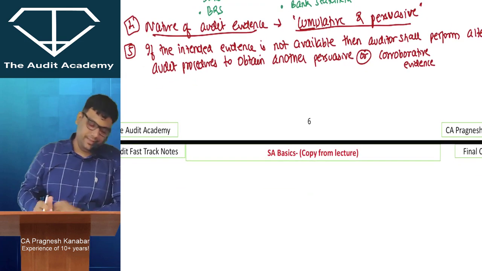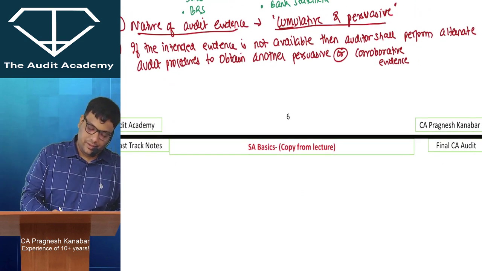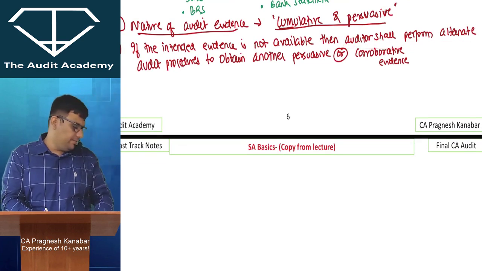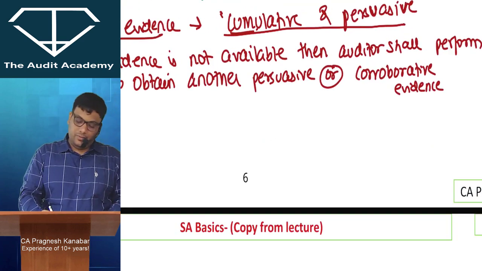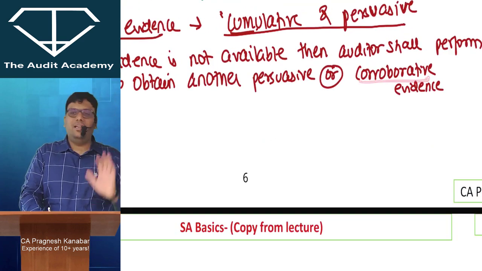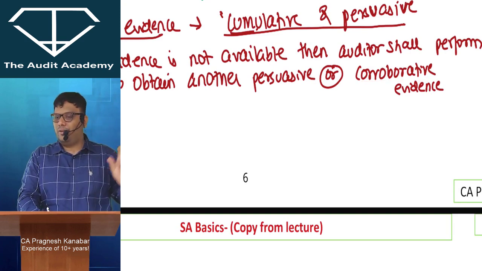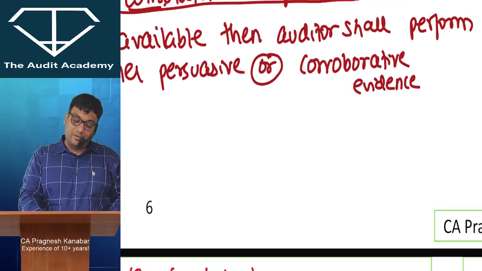I repeat, if the intended evidence is not available, then the auditor shall perform alternate audit procedures to obtain another persuasive evidence. Persuasive means convincing. What is the meaning of the word corroborative? Related information. When you are trying to dig something further, that is corroborative. Sometimes we have to use some words not to memorize them, but to understand the question.